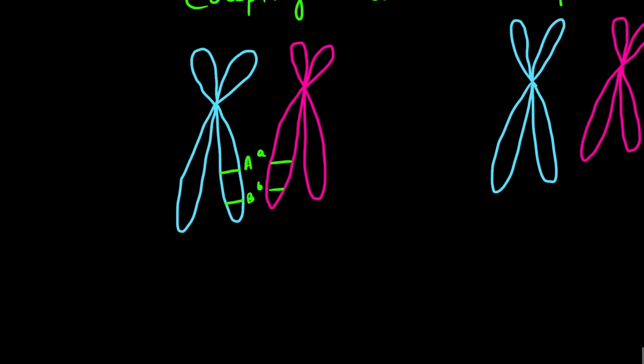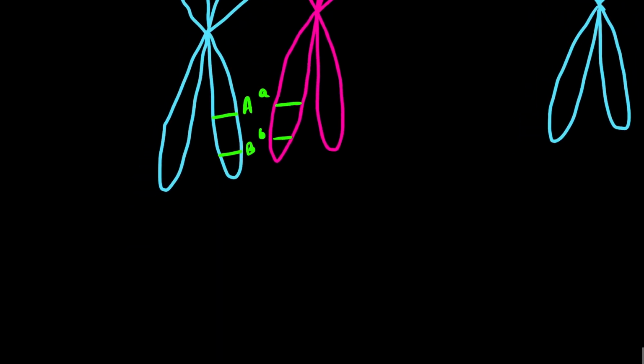That is, if A is a gene, then the dominant form of that gene will be present on one chromosome, and the recessive ones will be present on the other chromosome of the homologous pair. This fashion is known as coupling.